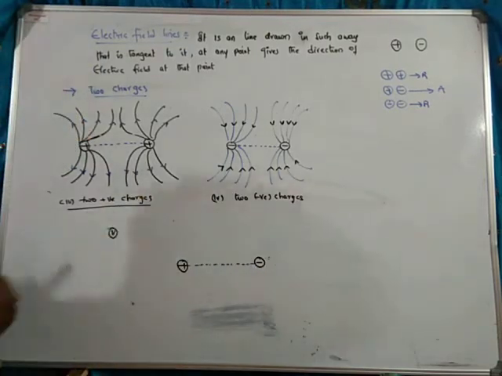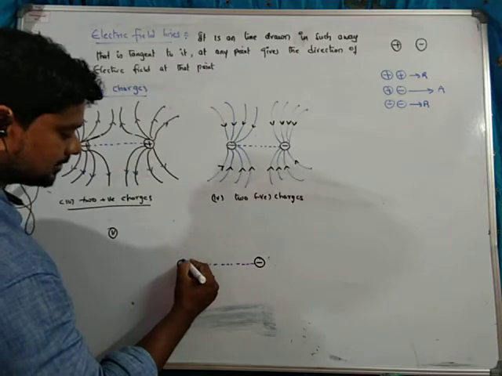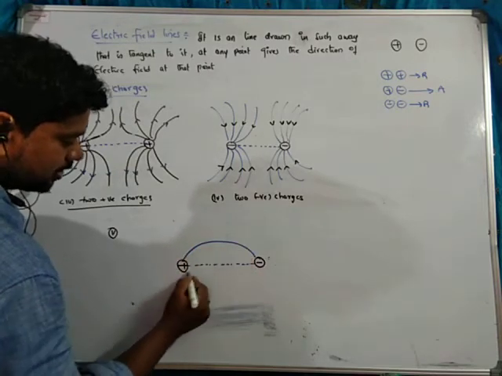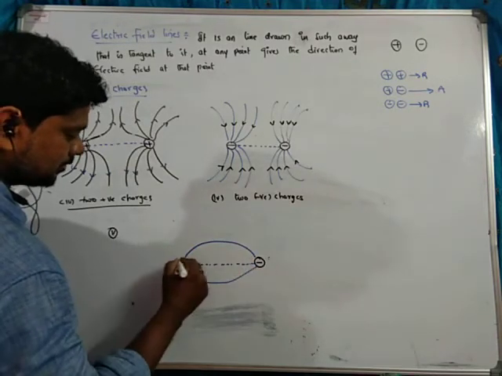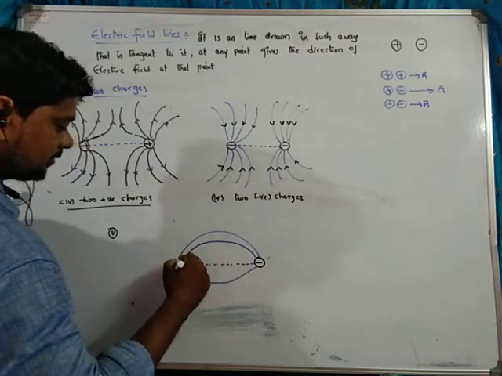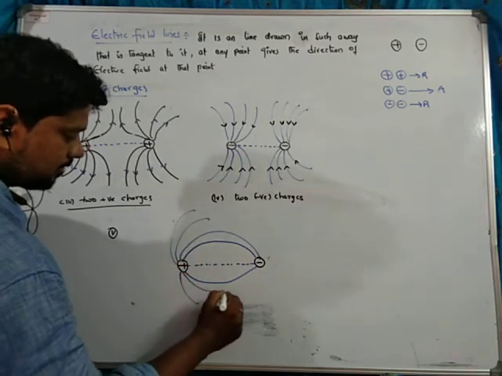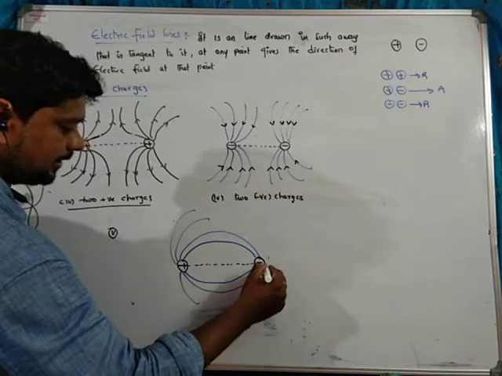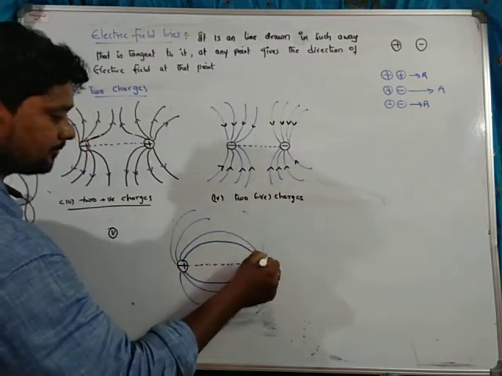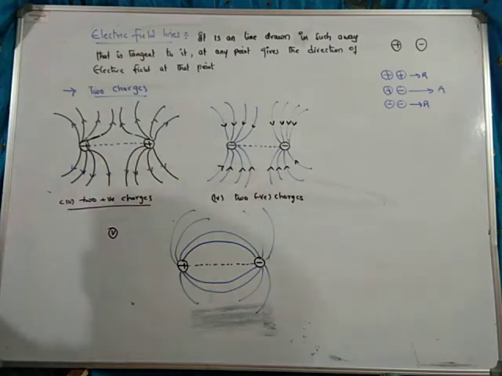both will attract. So both attract means these are the field lines. The positive attracts the negative. So these are the field lines we get. Now what will be the direction? Here we have two directions.